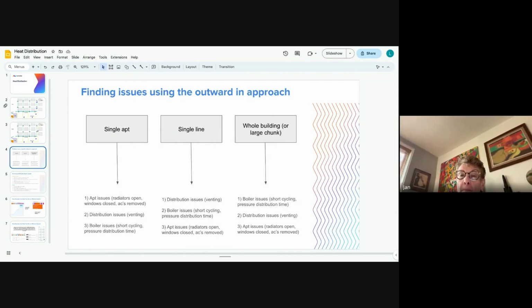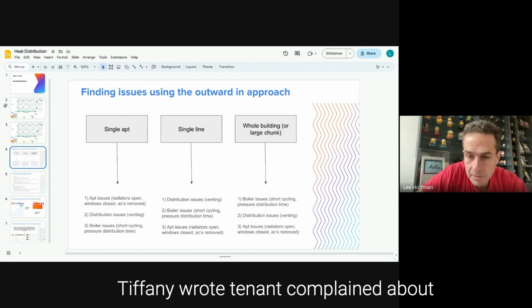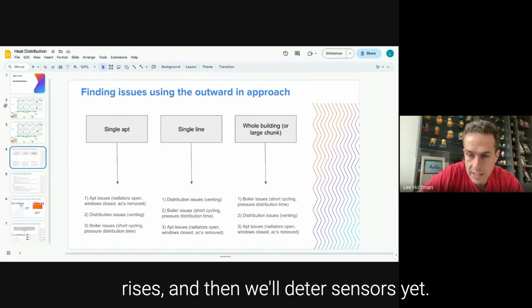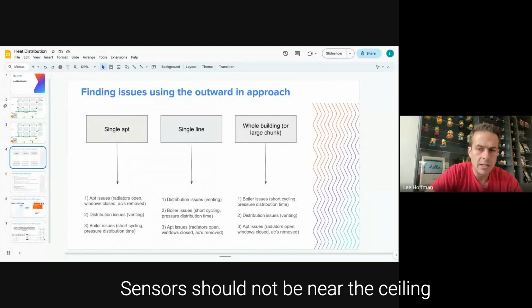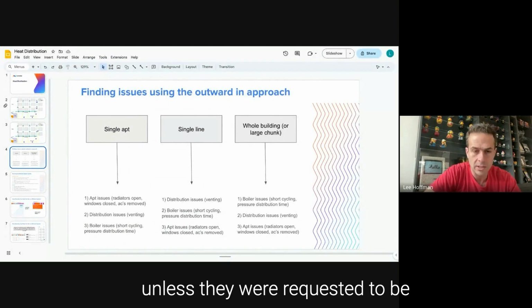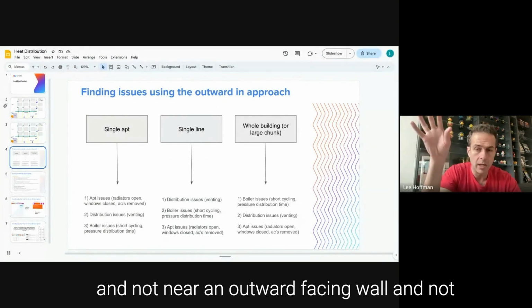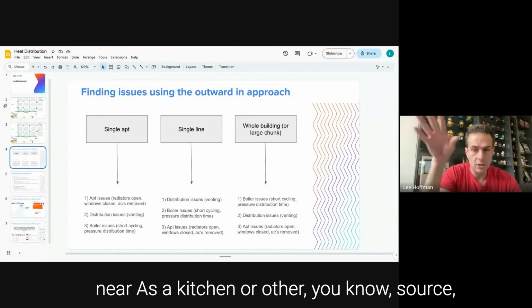Thank you. Tiffany wrote, a tenant complained about a sensor being installed by the ceiling, as heat rises and that will skew the readings. Yeah, sensors should not be near the ceiling unless they were requested to be there for aesthetic or other reasons. They should generally be at eye level, not near an outward-facing wall, and not near a kitchen or other heat source.